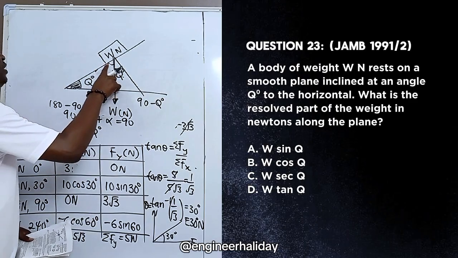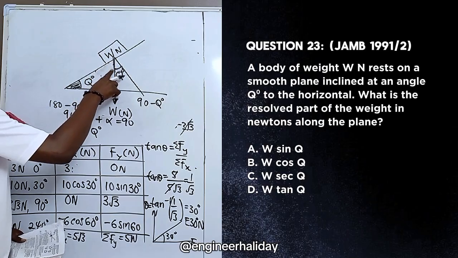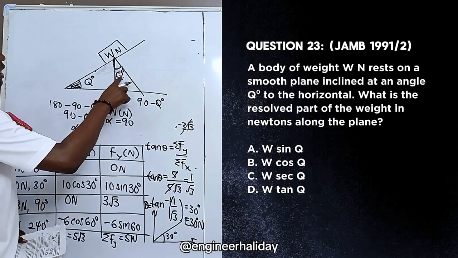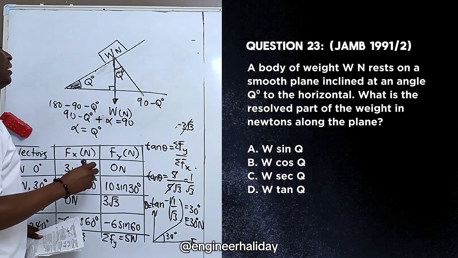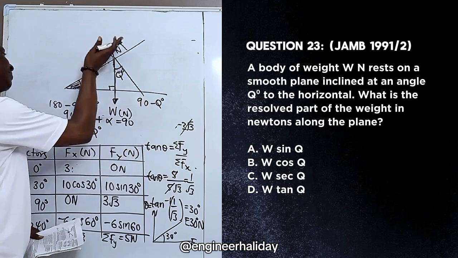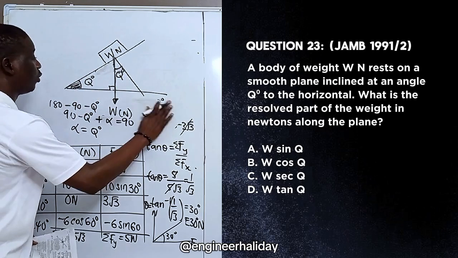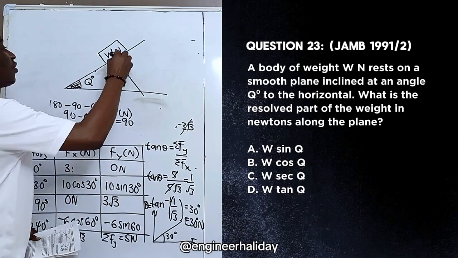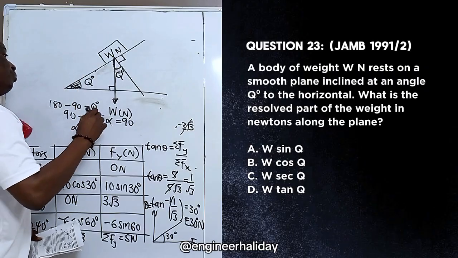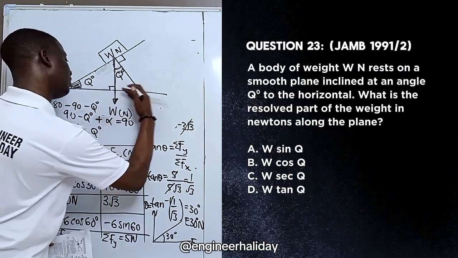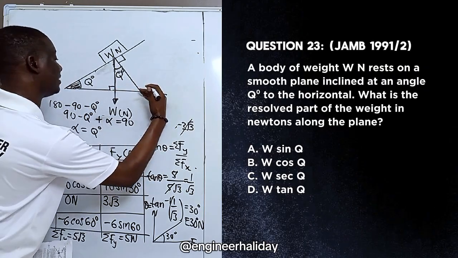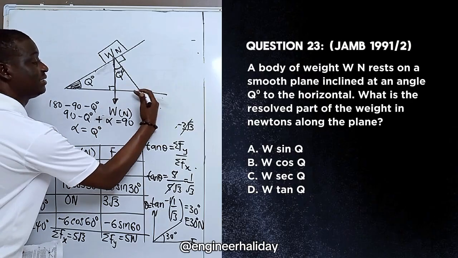Now, if you resolve this Q degree into perpendicular to the plane and along the plane, to resolve perpendicular to the plane means you have to resolve the weight in this particular direction.